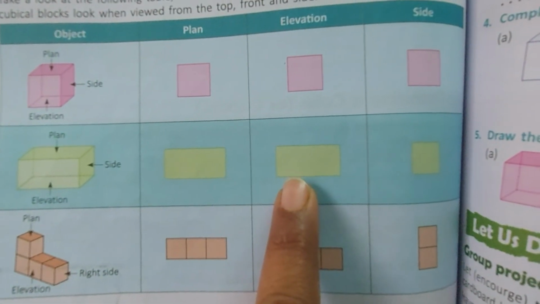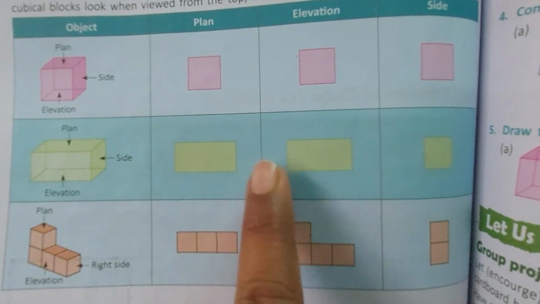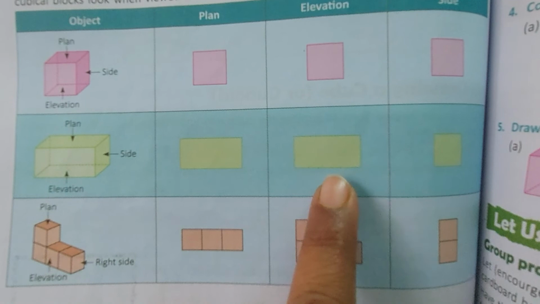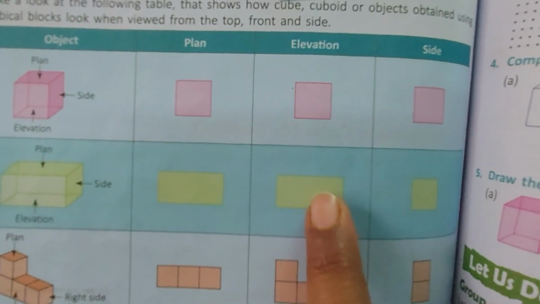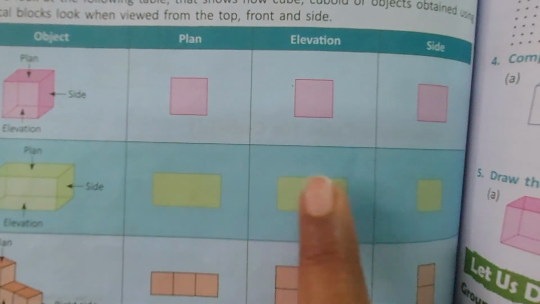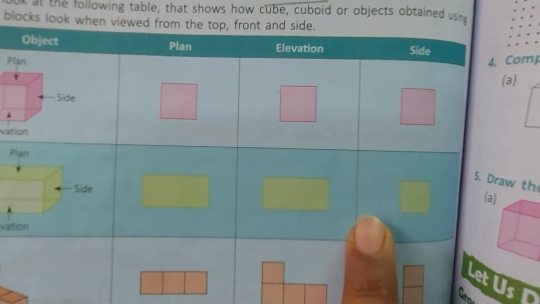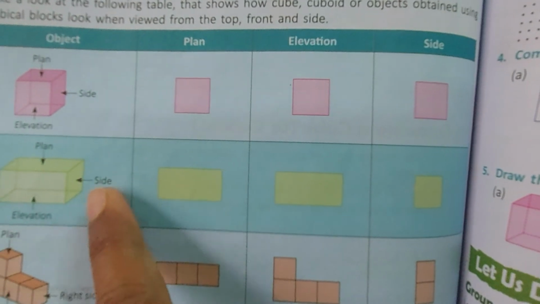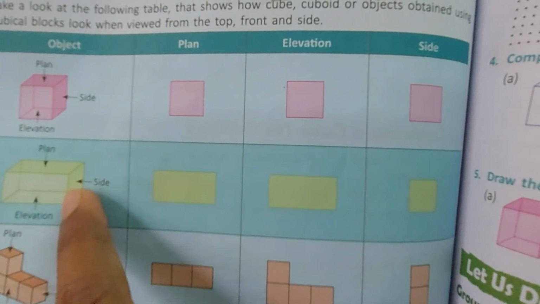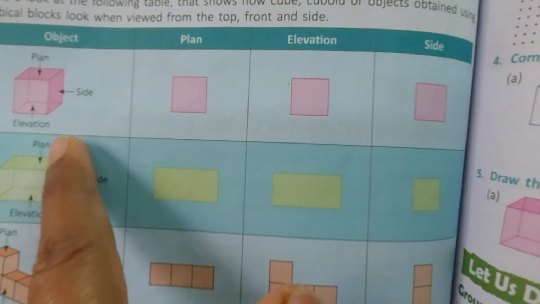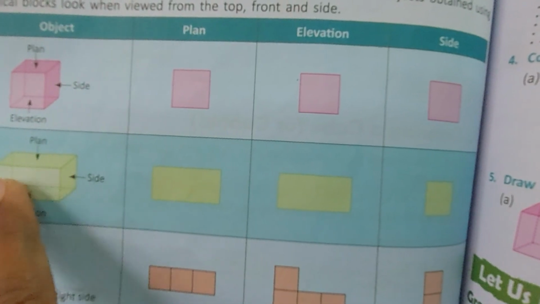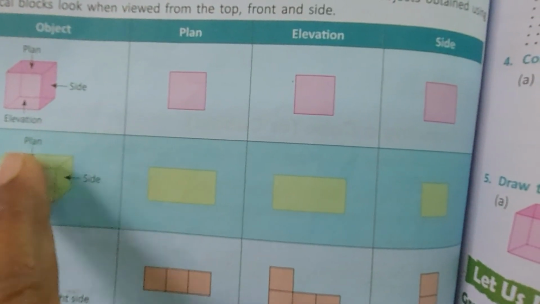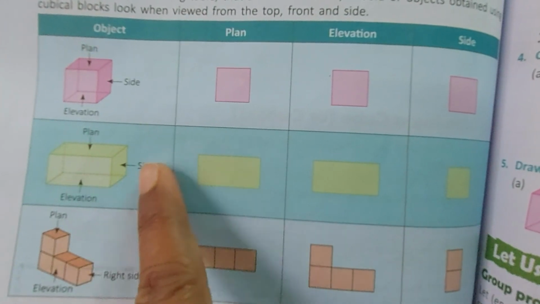When we see from the front, it appears like a plane. But when we see from the side, its view is different. So, a cuboid has the same views from plan and elevation, but the side view is different from this. When we see from the side, this view is seen, and from the top we see this view, and from the front we see this one. So the top and the front view are the same, but the side view is different.